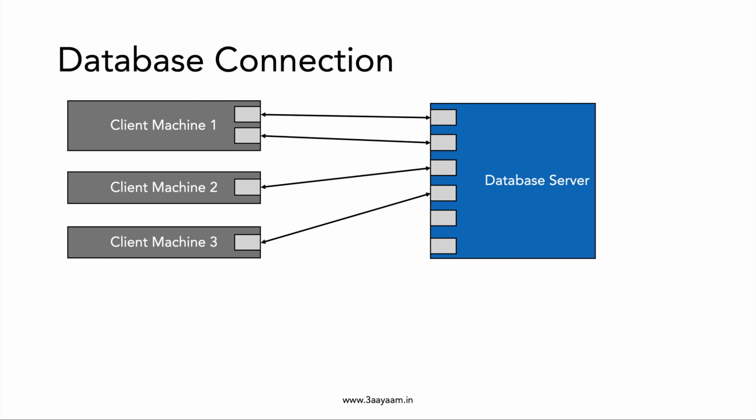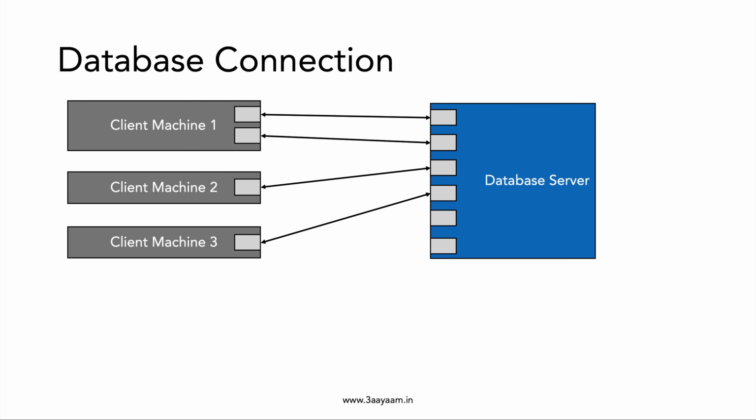In most of the cases, you'll see that a database server is way bigger than the client machines, which are running either command line programs or command line interfaces, or programs like Python, Java, etc. Now, as I told you, the more connections the database server has, the more resource requirement it has, because each connection would eat up some amount of CPU and a certain amount of RAM. So this is what a database connection is.